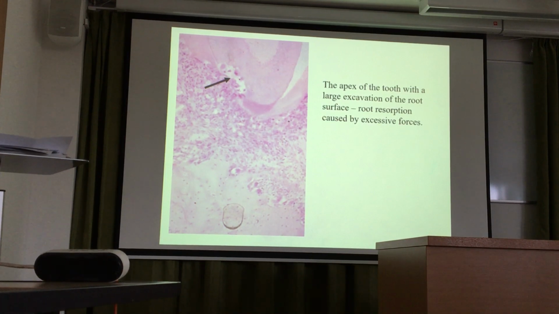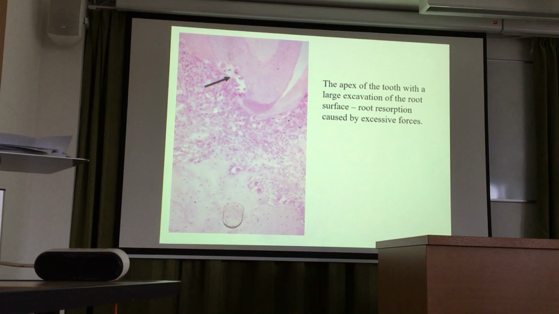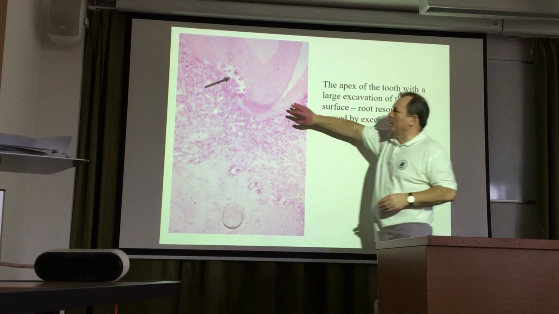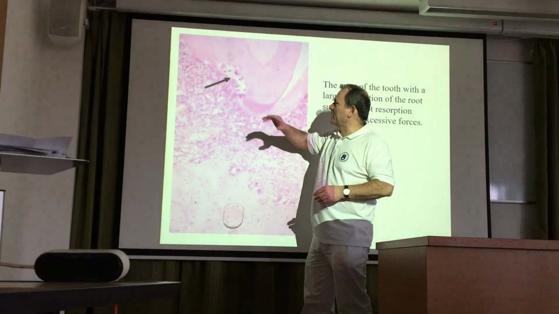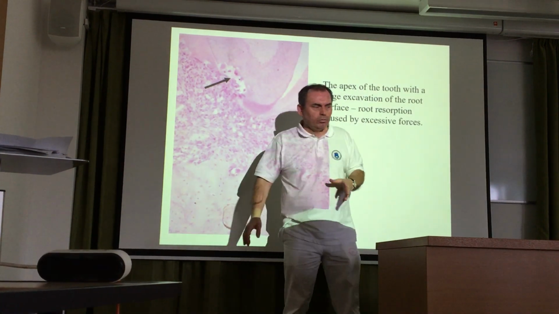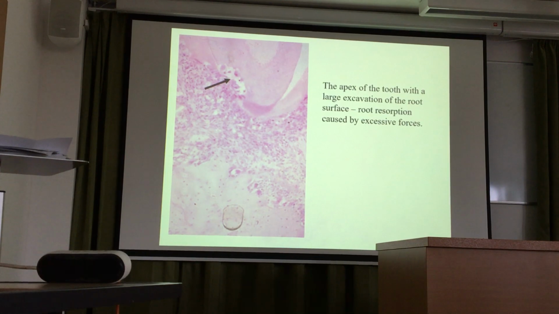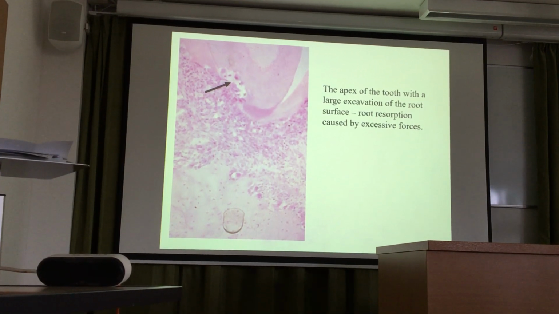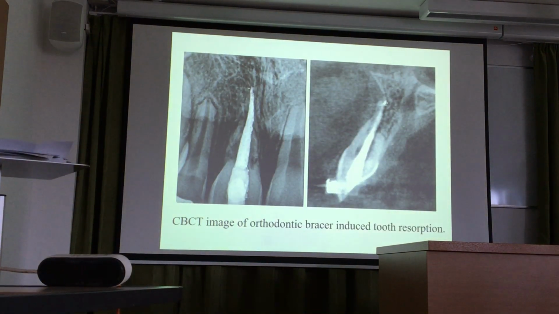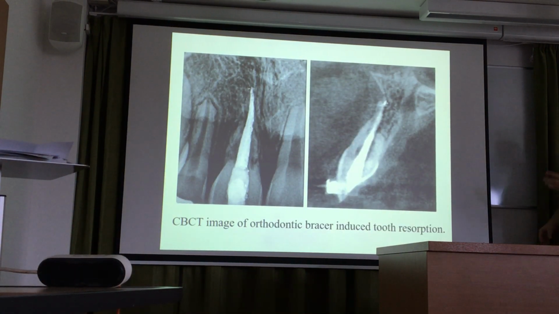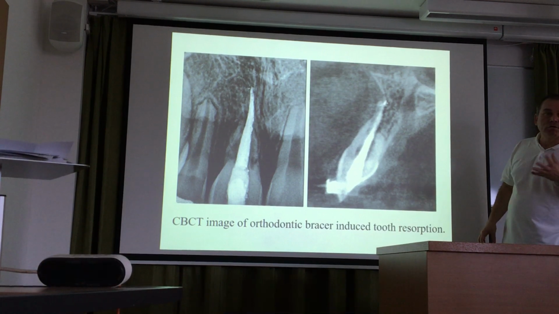The cementum can prevent this root resorption, because the cementum is a kind of hard tissue which withstands resorption with high capacity, so osteoclasts cannot resorb it easily.